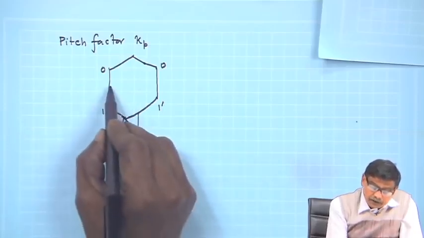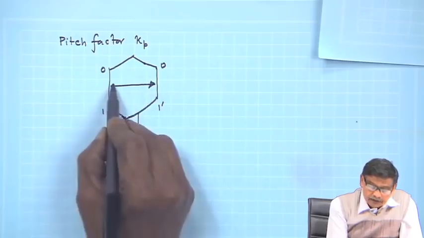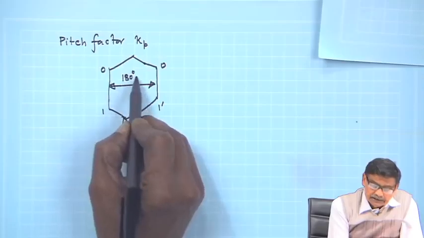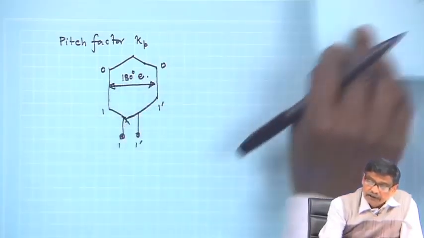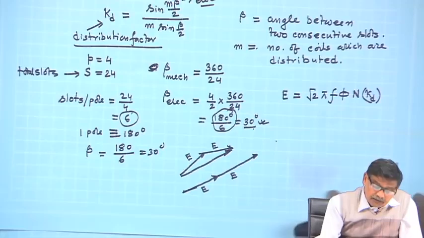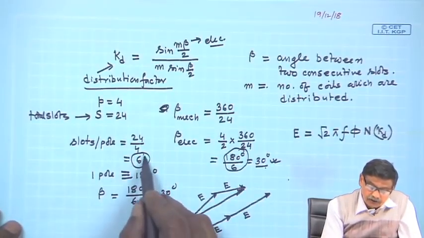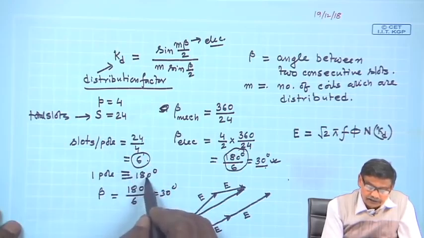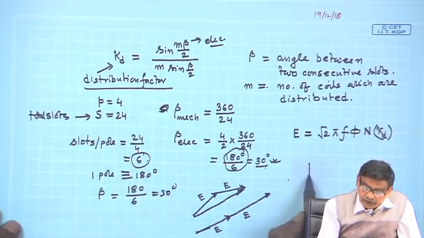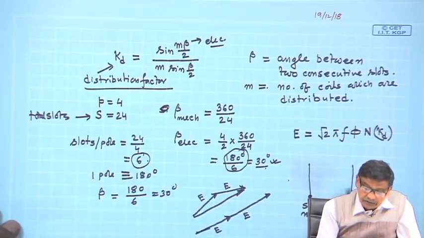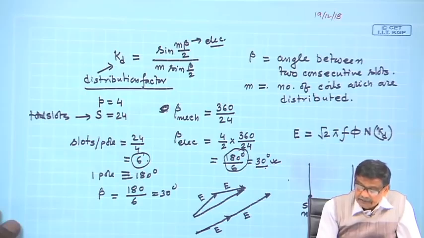Or in other words, the coil span, this is called span of the coil, and it is equal to 180 degree electrical. For example, in this machine the coil span should be, if you want to maximize voltage, slots per pole is 6, that is equivalent to 30 degree. If your first coil side in slot number 1, your return coil side should be in slot number 1 plus 6, 7.